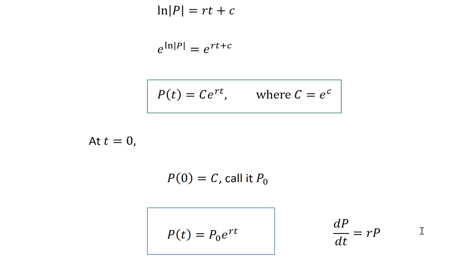And then we can have an initial value problem and look at a particular solution. And that solution is going to be P of t equals P naught e to the rt, as we've already been playing around with. But it's important to recognize that that was the solution to the differential equation you see here on the right, dP/dt equals rP, which came from the very straightforward hypothesis of Malthus.